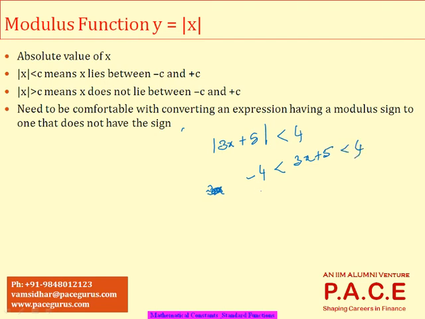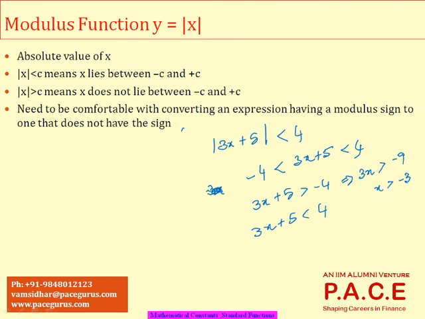So I can write them as two inequations. 3x plus 5 is greater than minus 4 is one thing. 3x plus 5 is less than plus 4 is the other. Now if I try to solve this, 3x is greater than minus 9, which means x is greater than minus 3.